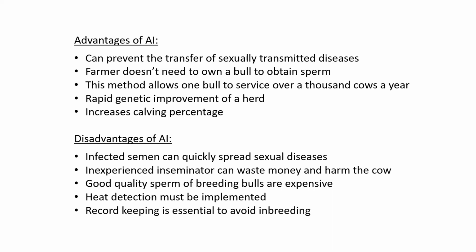Otherwise, you keep on using the same bull, and the progeny of this cow is maybe again inseminated with the same bull. So it's easy, if you don't keep records, for the father of a specific cow to be used again to inseminate her. So record keeping is very, very important. And that's about it. Okay, that's it for the lesson.